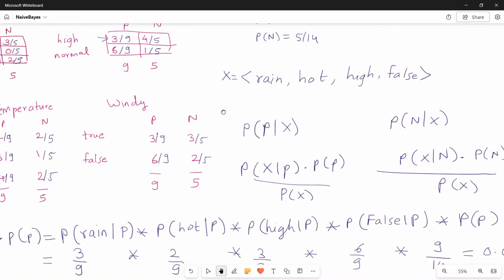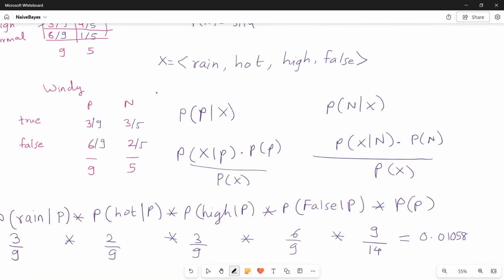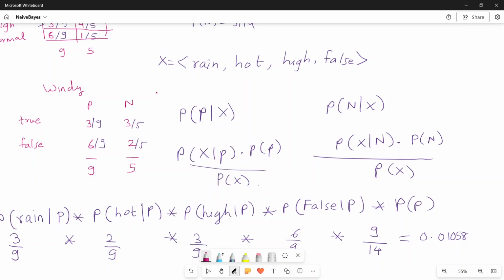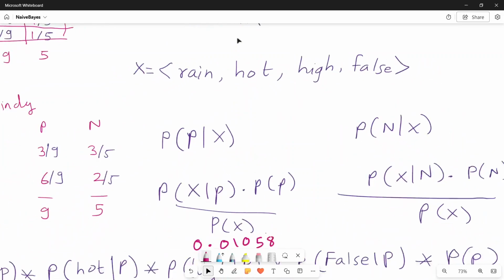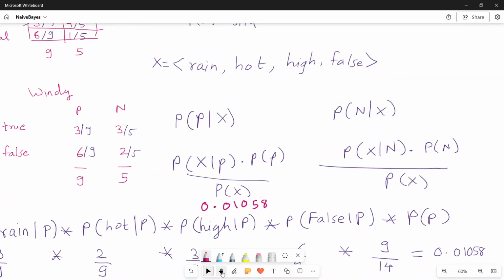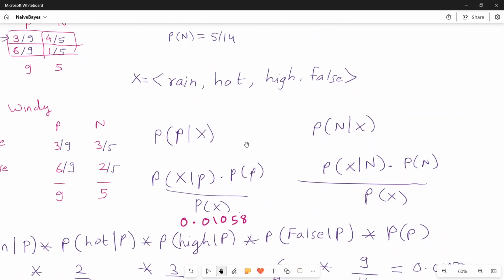Now let's compare the two values that we have. This probability value came out to be 0.01058, and this probability value came out to be 0.0182.